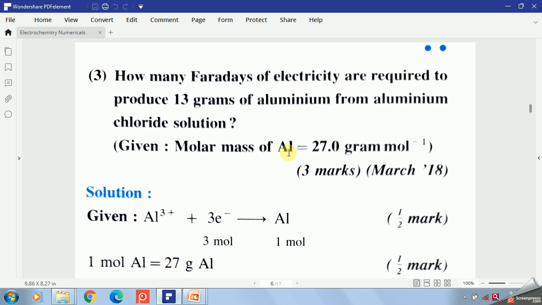Remember that aluminium is a group 13 element and it donates 3 electrons, so Al3 plus is the charge on aluminium. So Al3 plus gains 3 electrons to produce Al. So this is the reduction reaction. So to produce 1 mole of aluminium, it requires 3 moles of electrons. So 1 mole of aluminium corresponds to its molar mass, which is equal to 27 gram per mole.